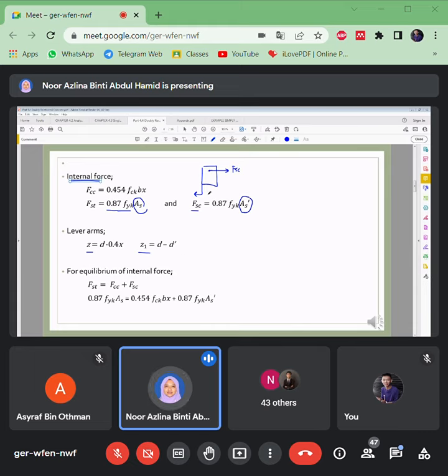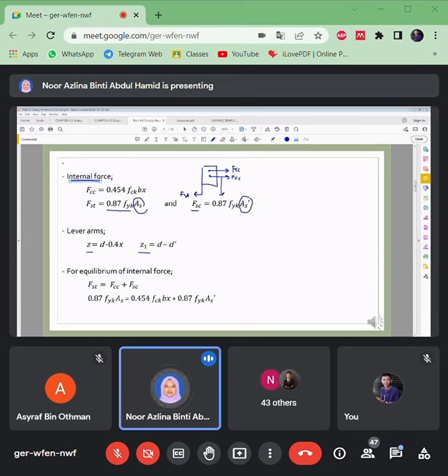So we have all the forces: FSC, steel in compression, FCC, concrete in compression, and FST, the force of steel in tension. So we list out everything, all three forces.